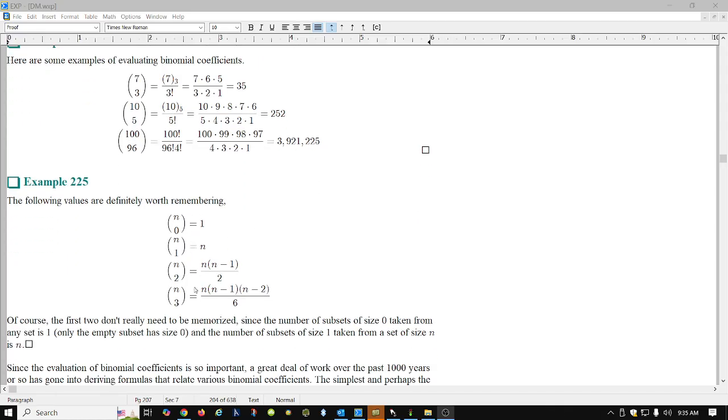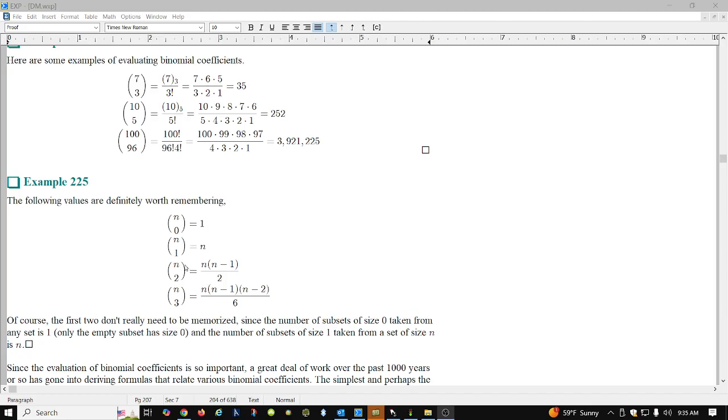This group of binomial coefficients is worth memorizing. The first one, n choose 0, is 1. You don't really have to memorize that. How many ways are there of choosing no elements from a set of size n? Just one way. You don't choose anything. End of story.